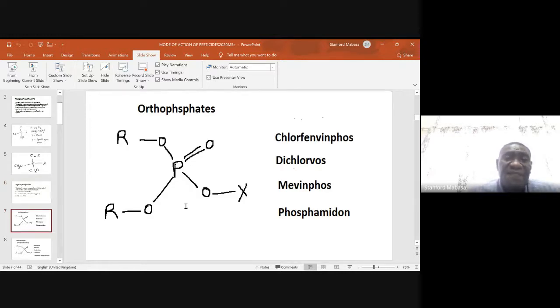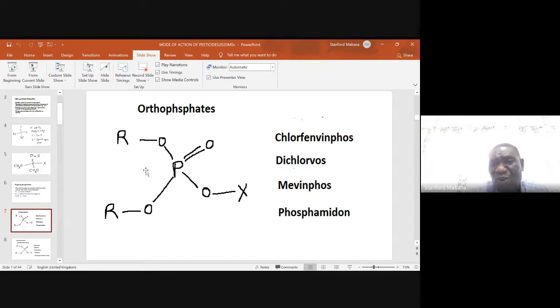Right. The first group we may look at for organophosphates, we have this structure here, where we have P attached to 4 oxygens. But here we have these other groups represented by R, and also another group represented by X. But the 4th oxygen has a double bond here.